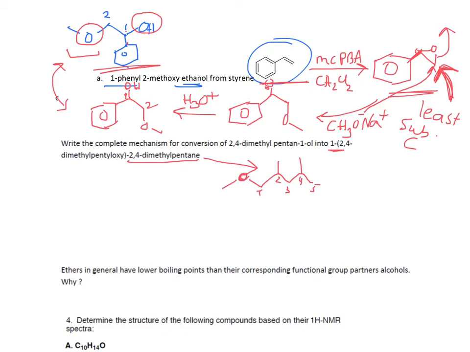And on that oxygen, I have again 1, 2, 3, 4, 5, 2,4-dimethylpentyloxy. So notice this is a symmetrical ether. So anytime you have symmetrical ether, you don't have to really go the Williamson ether synthesis route. You can simply take the alcohol and dehydrate it.